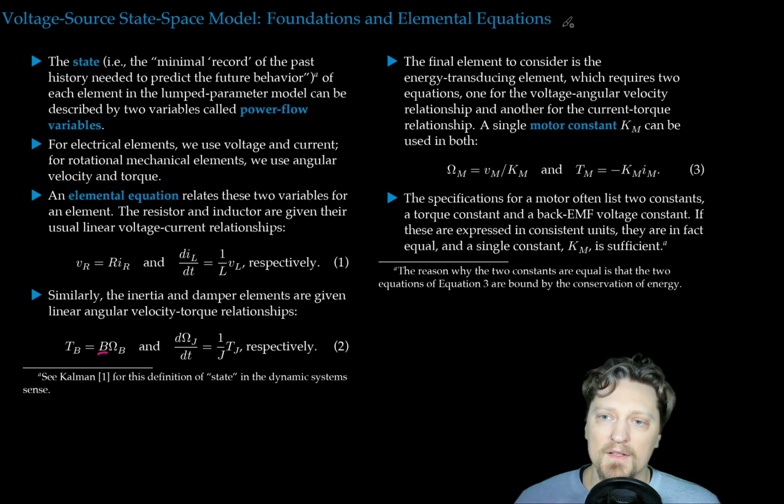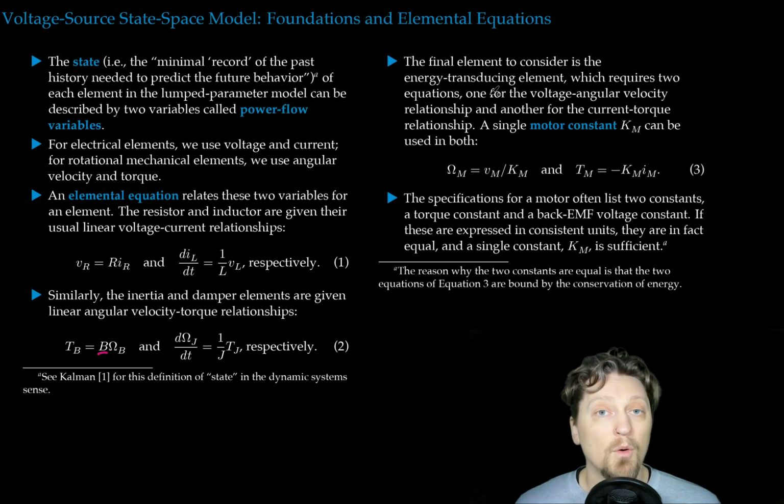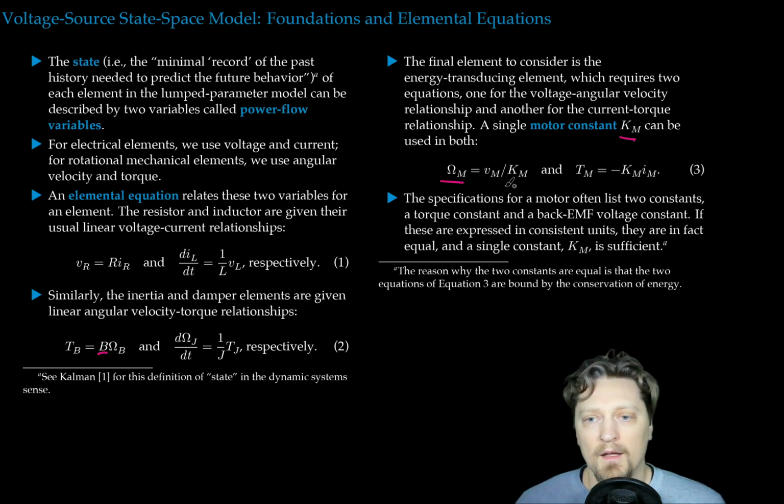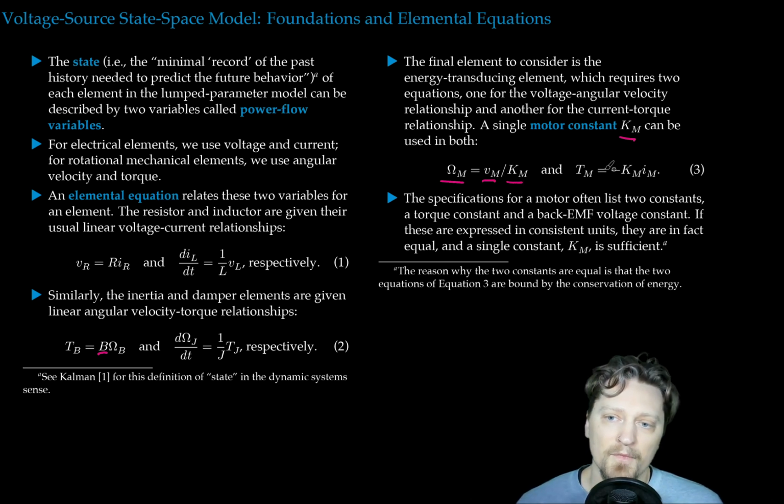The final element to consider is the energy transducing element, which requires two equations, one for the voltage angular velocity relationship and another for the current torque relationship. A single motor constant Km can be used in both, so the angular velocity on the mechanical side is equal to the voltage on the electrical side divided by the motor constant, and the torque on the mechanical side is equal to negative motor constant times the current through the electrical side of the motor.